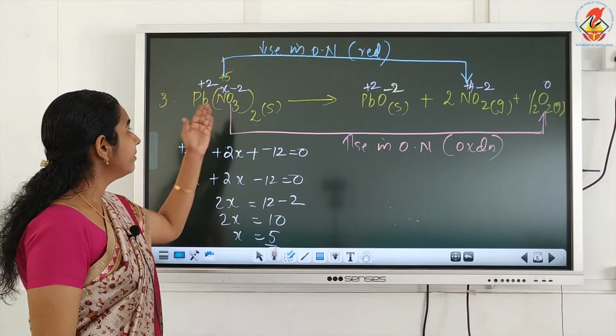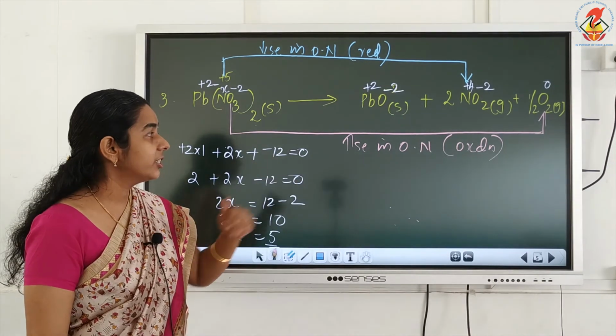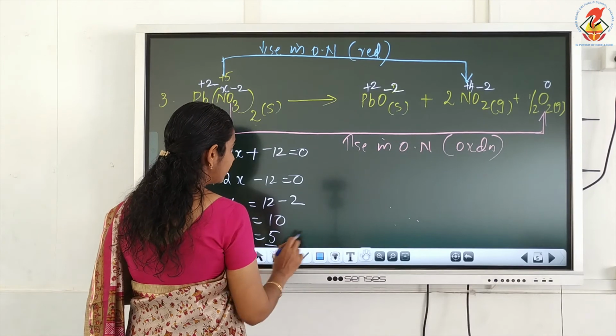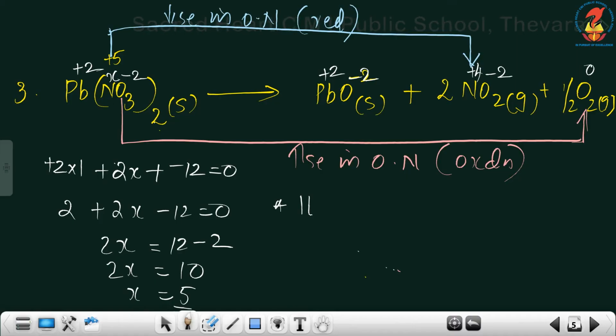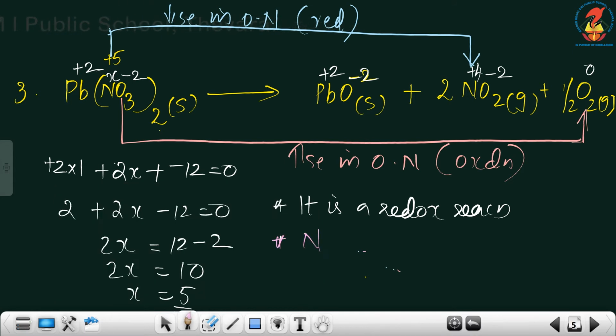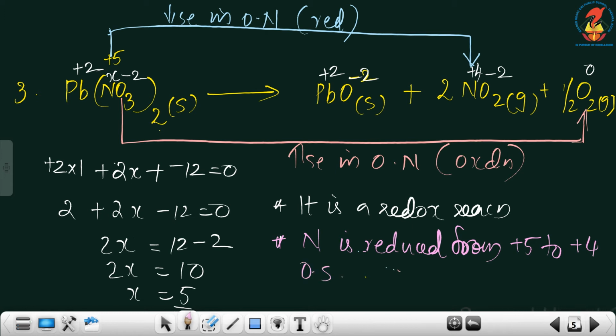So here nitrogen is undergoing reduction and oxygen is undergoing oxidation. So here also we can say that it is a redox reaction where nitrogen is reduced from plus 5 to plus 4 oxidation state.